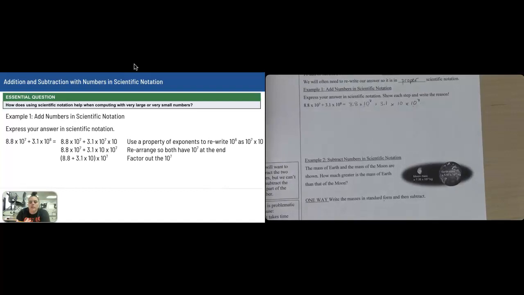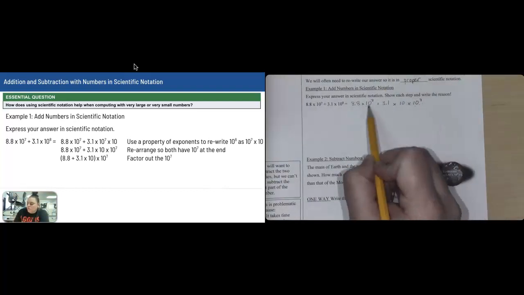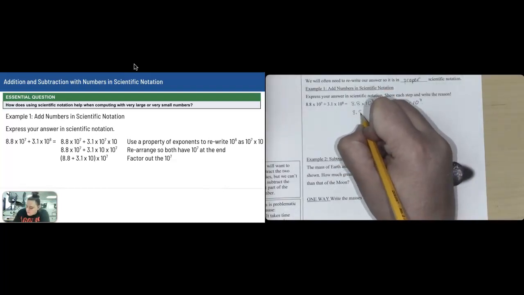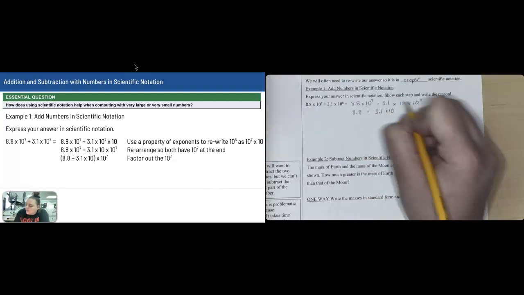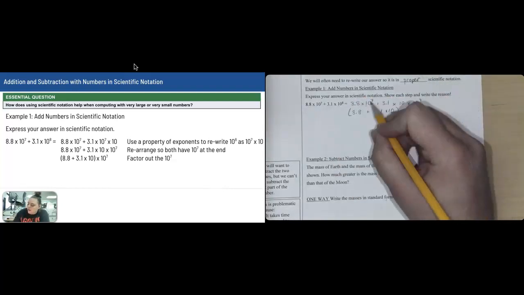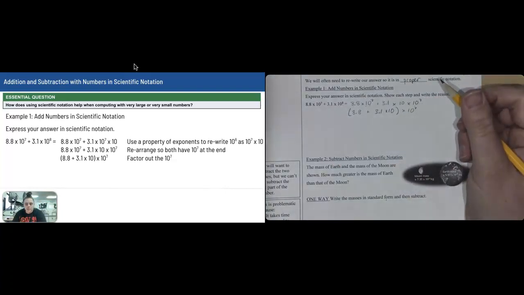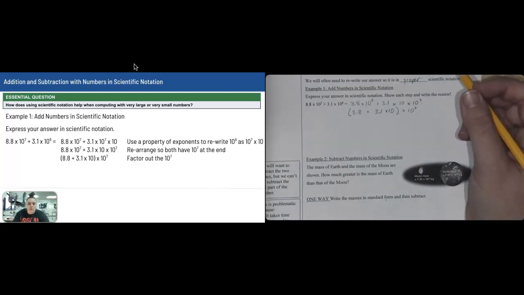Now we'll factor out the 10 to the 7th, because they both have it, and we have 8.8 plus 3.1 times 10, and it's all of that times 10 to the 7th. So we're using the opposite of the distributive property to take that power of 10 out.